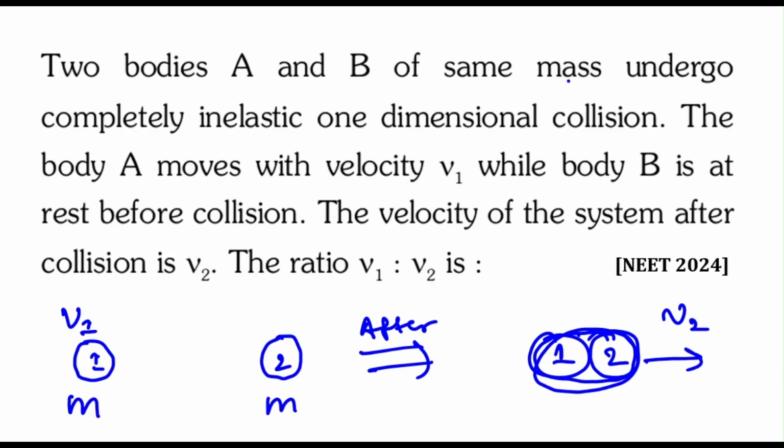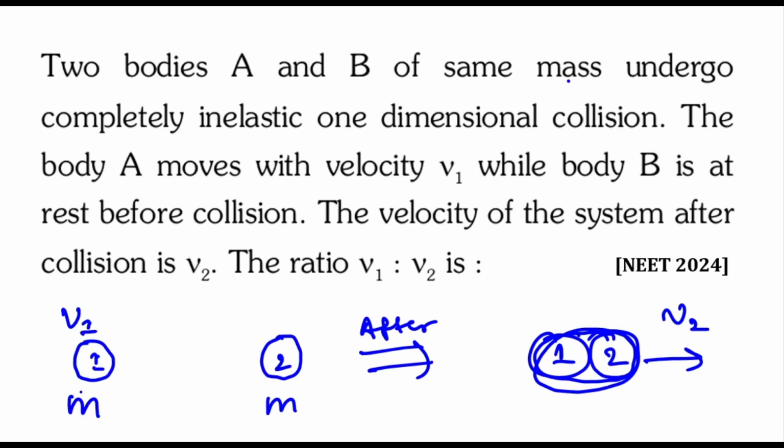It's pretty simple. You can write the conservation of linear momentum, because the only interaction is happening between these two bodies and there is no net external force. So we can write the initial momentum of the system, that is the initial momentum of body 1 plus the initial momentum of body 2, which is 0, so I'm not going to write that here, equals the final momentum of the system. Now the mass is m plus m, times the final velocity of the system.